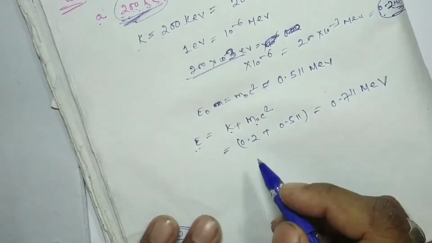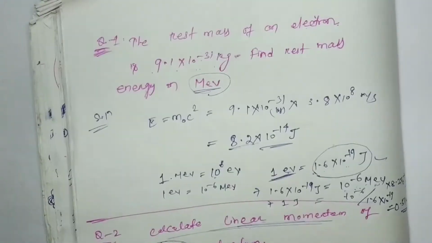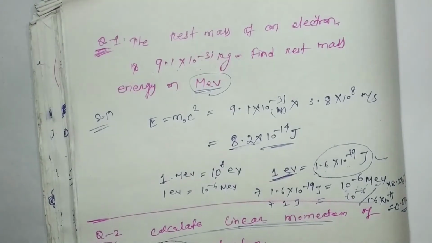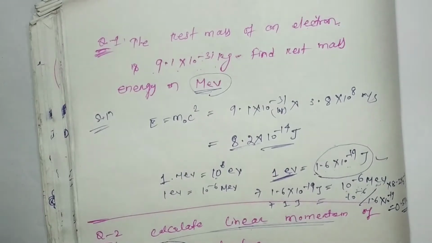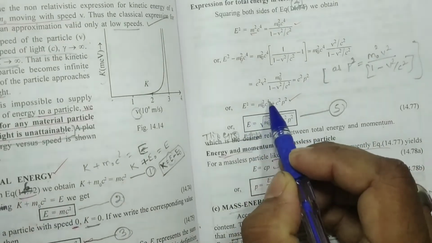We know the linear momentum expression from our theoretical explanation, maybe you remember that. From this, it will be the square root of E square minus m0 square c to the 4, divided by c. So linear momentum p equals the square root of E square minus m0 square c to the 4, by c.